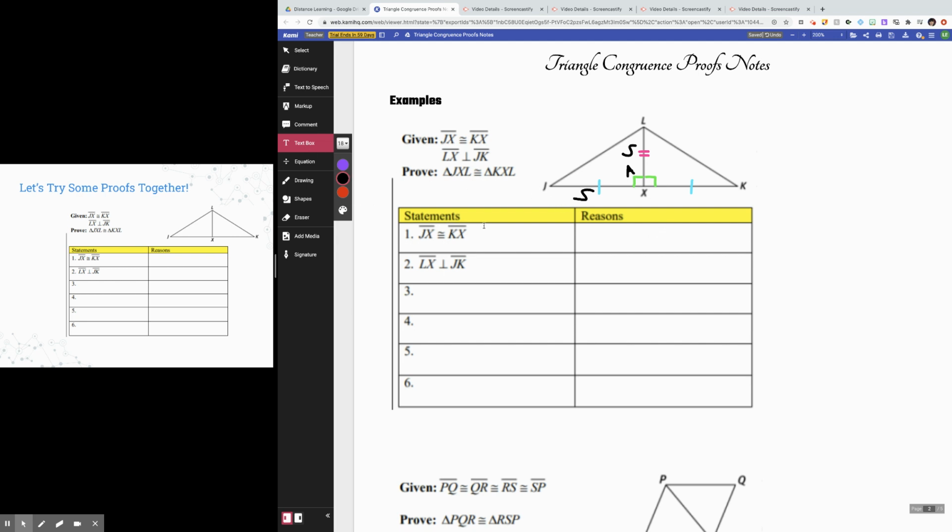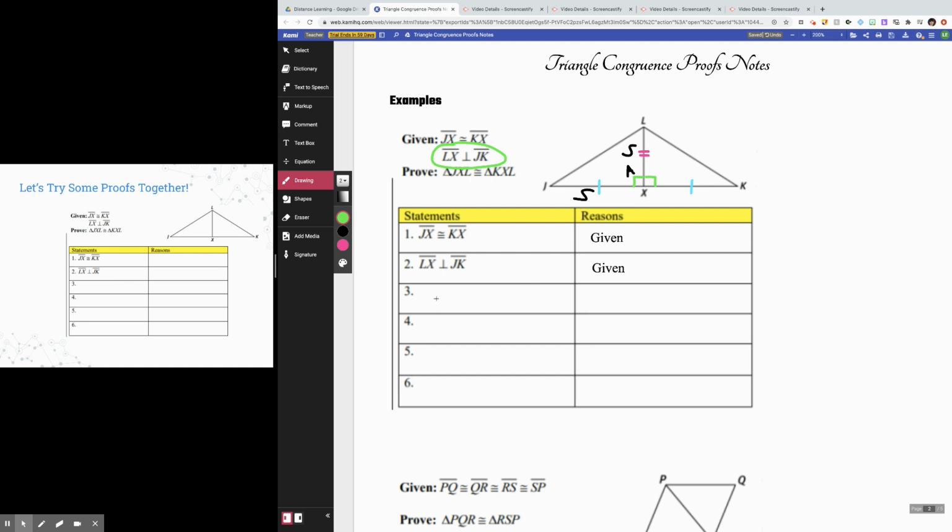The first statement is JX is congruent to KX, and I know that that's true because it was given to me. Same reason here, right? LX is perpendicular to JK. That was given to me. Now, when I did this on my diagram, I said to myself, okay, from this information, I am able to say that I have two right angles.